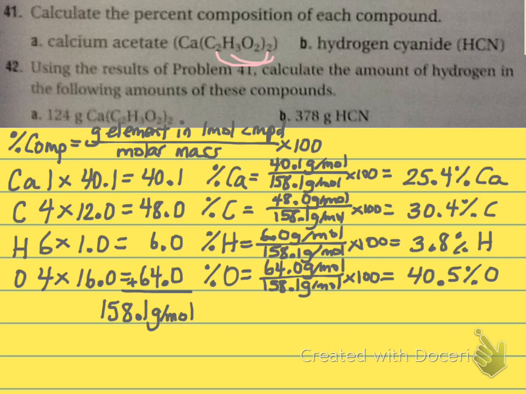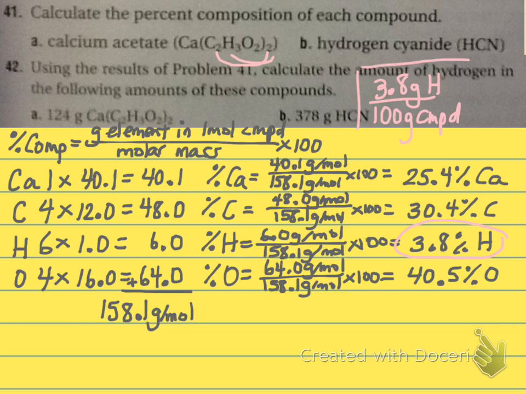Now 42 says, using these results, calculate the amount of hydrogen in the following amounts of these compounds. So this is asking us to take this answer here and use it as a conversion factor. Remember, if we assume we have 100 grams of our compound, then we have 3.8 grams of hydrogen.